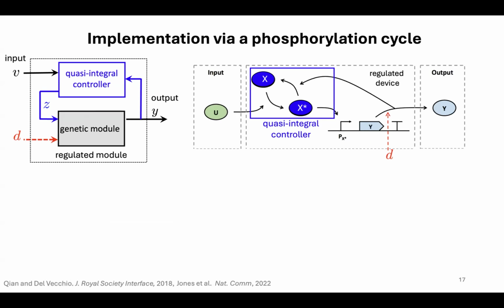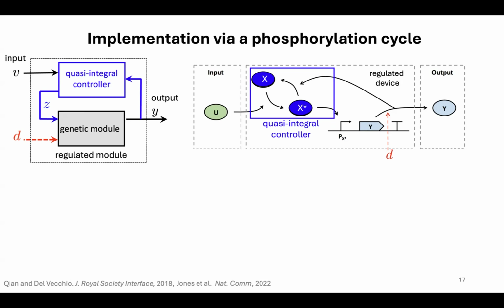What you see on the right-hand side is a cartoon of this quasi-integral controller that is using phosphorylation cycles, or covalent modifications of proteins, as the key process to implement this integral. The way it works is that you have your output protein Y, which indirectly causes the dephosphorylation of X star.